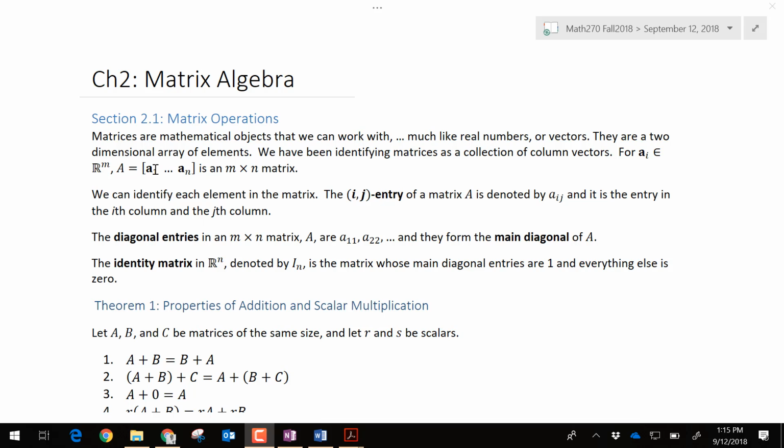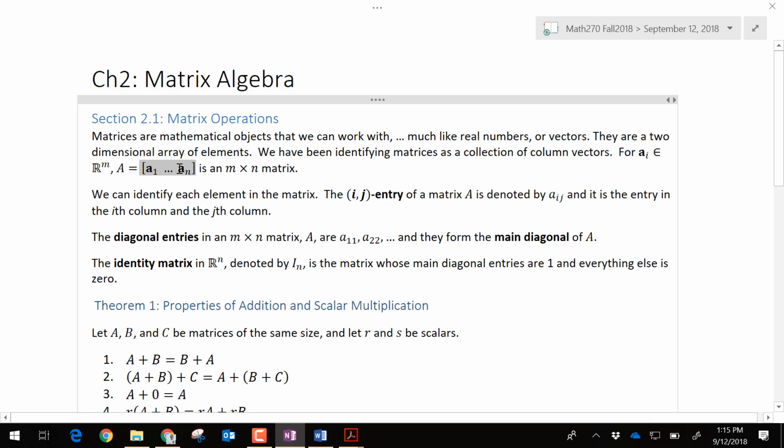Sometimes you'll see this notation where you have a square bracket and a bunch of boldface vectors listed. And they usually don't have commas there, to denote that you're just putting them right next to each other, and so they look like a two-dimensional array. That's one way we've been thinking about a matrix: as a set of column vectors.